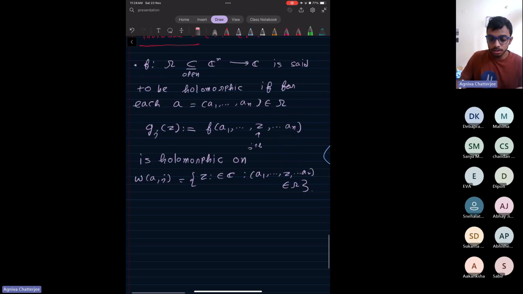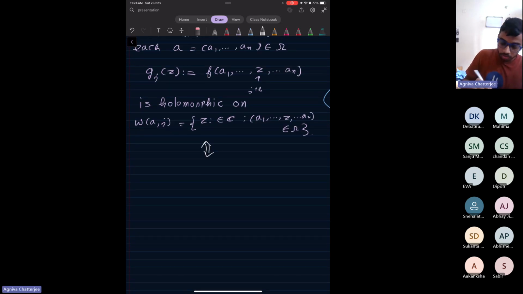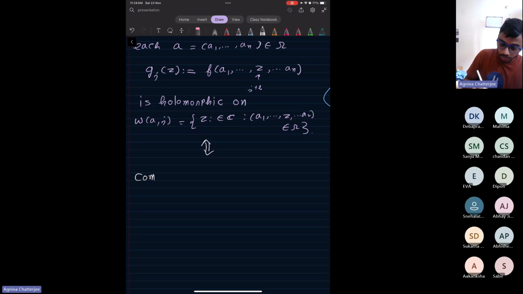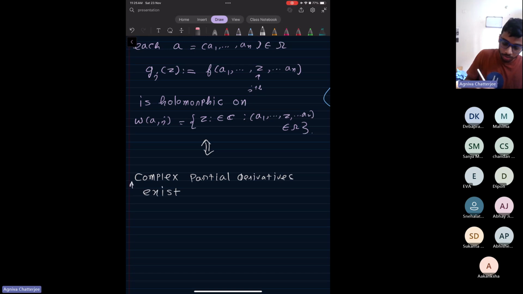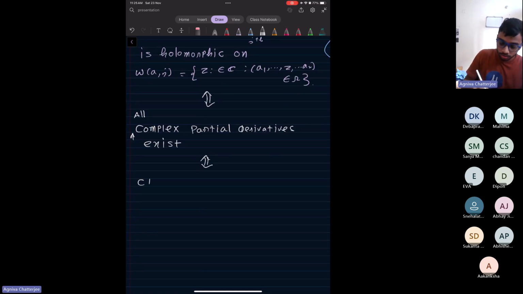This is the same as saying that all complex partial derivatives exist, and this is the same as the CR equation being satisfied in each variable, z1 to zn.